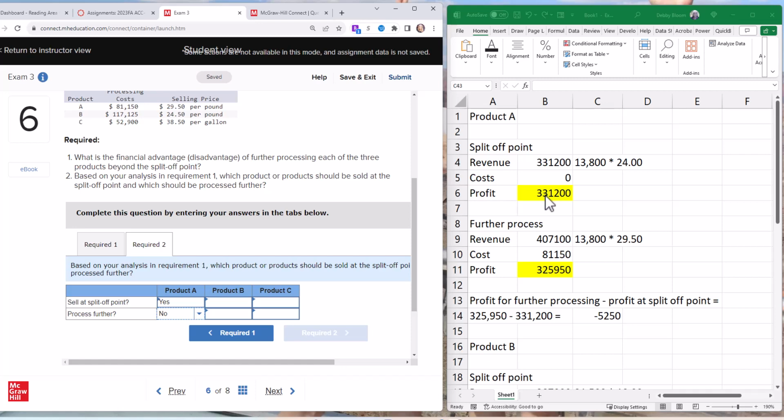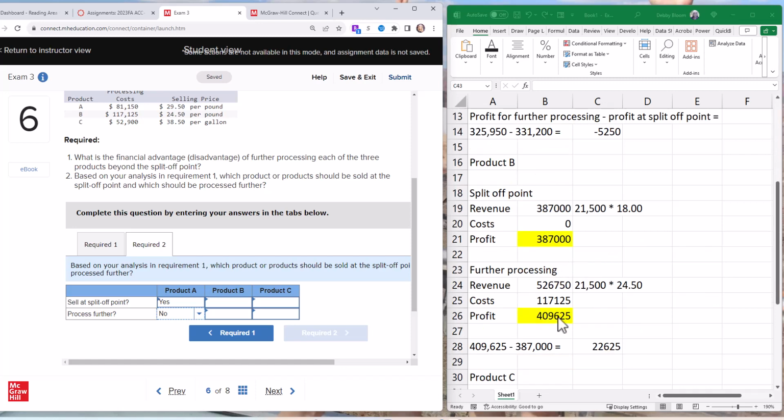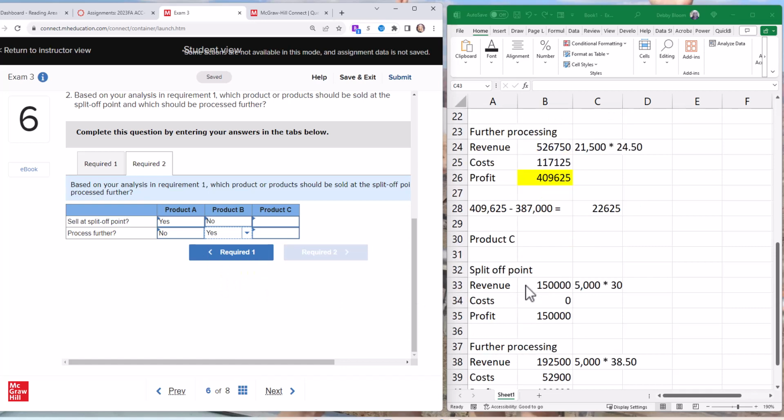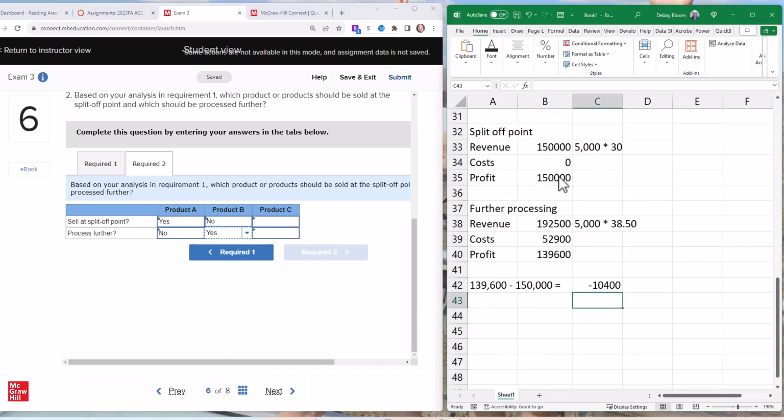Right? Higher profit at the split-off point. Product B would be processed further, so no and yes. And finally, product C, I didn't yellow out the numbers, but we're comparing the 150,000 to the 139,600. So for this one, we would sell at the split-off point and not process further.